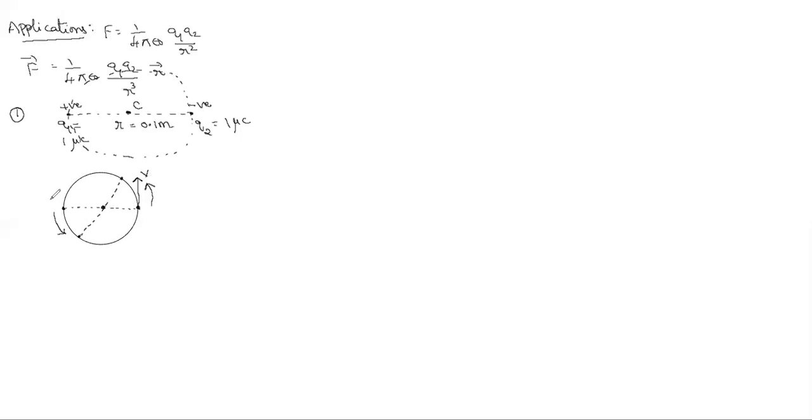These two charges are separated by a certain distance. Are they like or unlike? Unlike charges. Unlike means the force will be attractive. So the attractive force acts towards each other. That attractive force appears like a centripetal force in the circle.